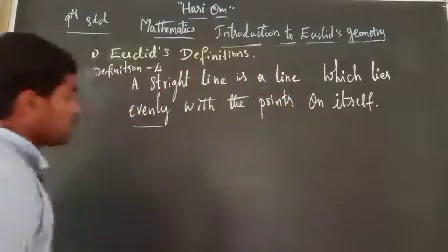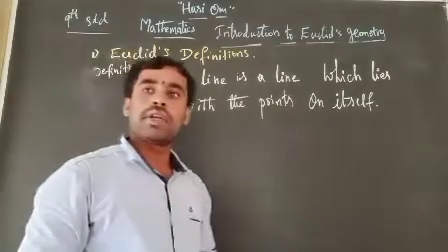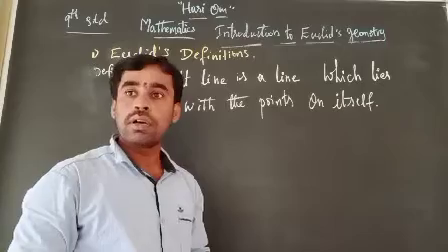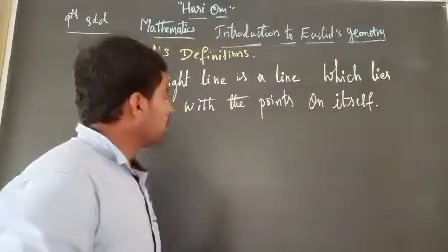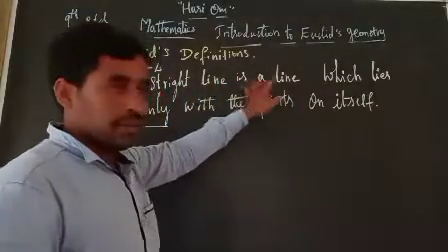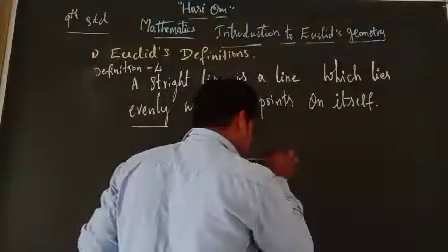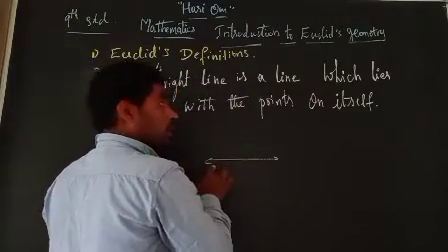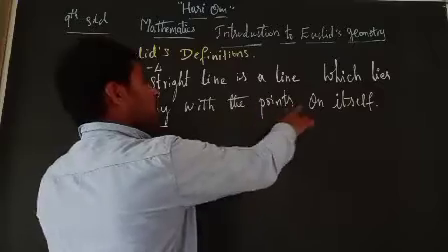Here evenly is nothing but regularly, or we can take it as steadily. So a straight line is a line which lies evenly with the points on itself.